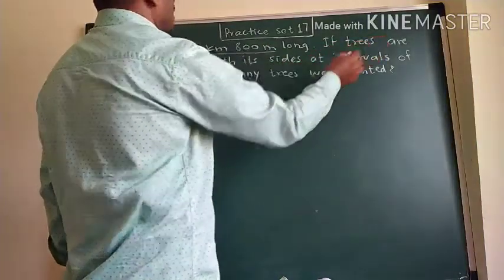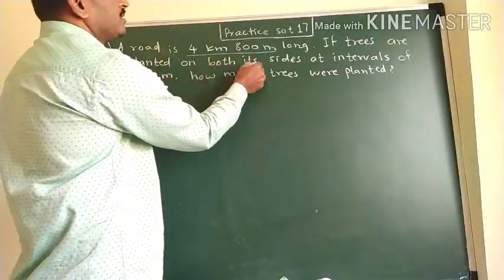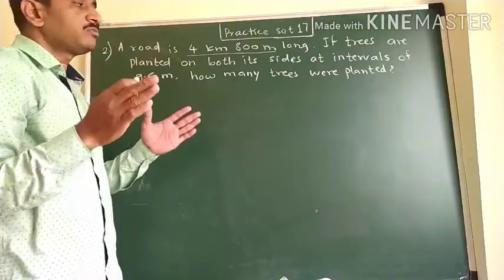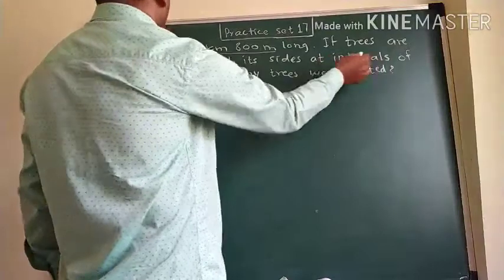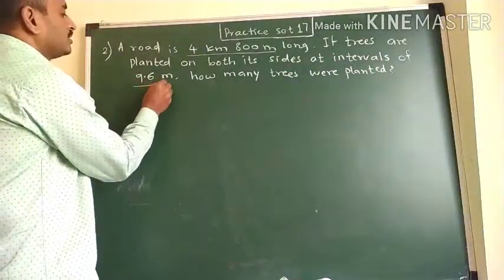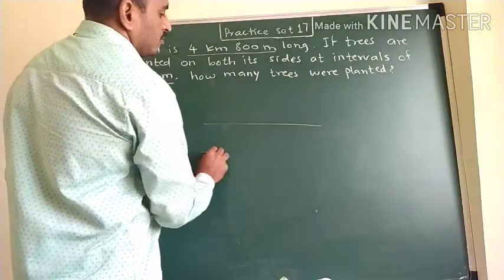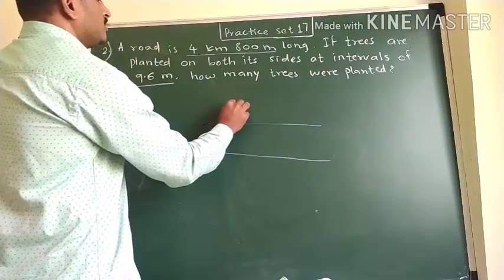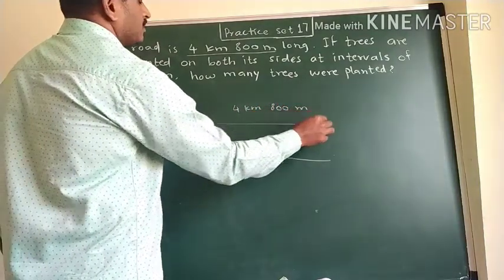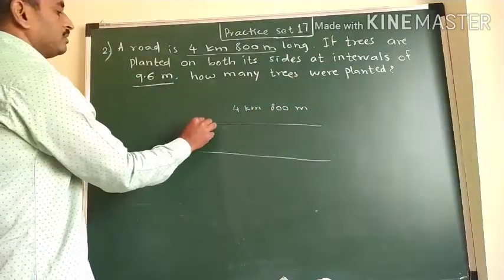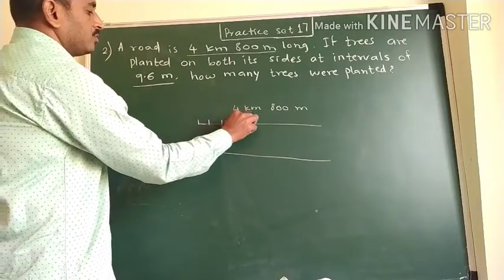If trees are planted on both sides of the road at intervals of 9.6 meter, suppose this is a road, total distance is 4 km and 800 meters, and trees are planted on both sides of the road.